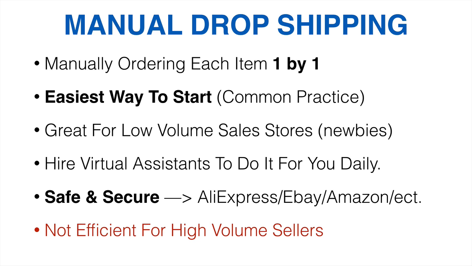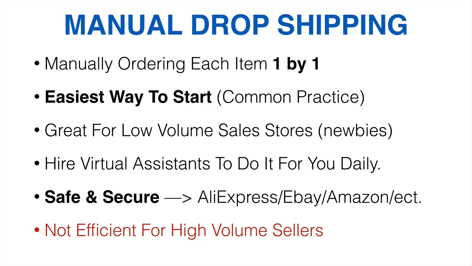So starting out, if you see an item that you want to sell, it doesn't have to be through bulk CSV dropshipping out of the gate. This is a great way for you to build up a reputation and a relationship with vendors and show them that you can provide sales, that you're making them money.